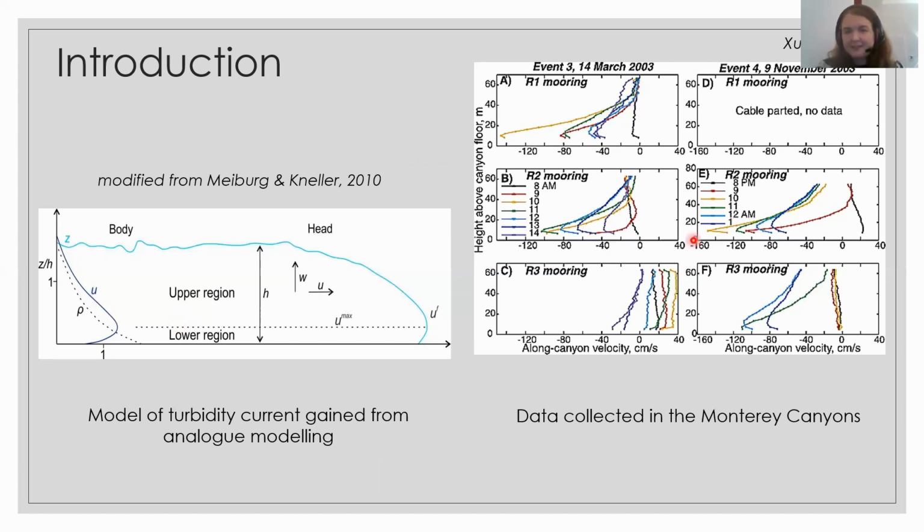On the right side now, you see some direct measurements of turbidity currents in the Monterey Canyon. For those of you who don't know, the Monterey Canyon is on the western side of the United States of America, in Monterey Bay.